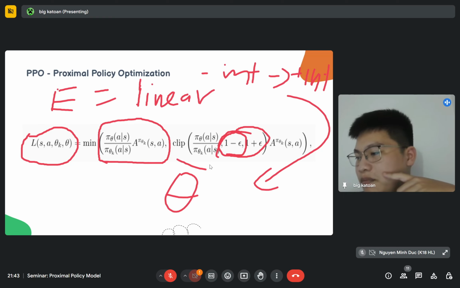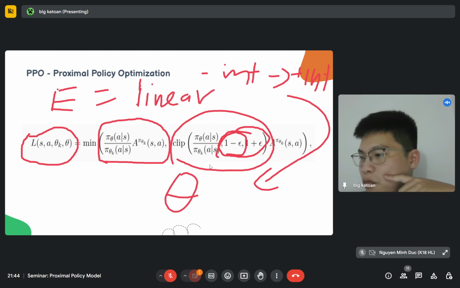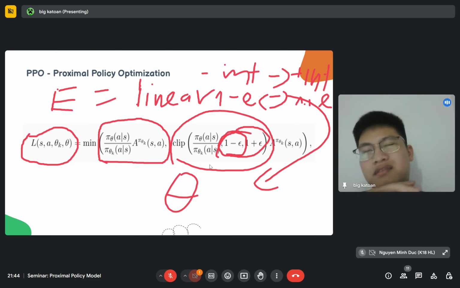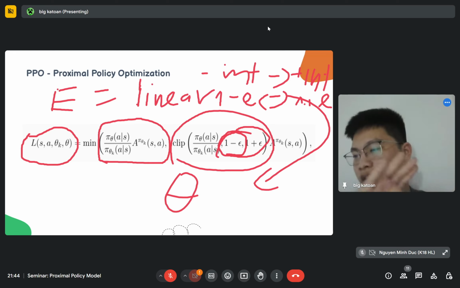That's why when we clip the ratio into 1 minus epsilon and 1 plus epsilon, it can reduce the difference between theta k and theta.